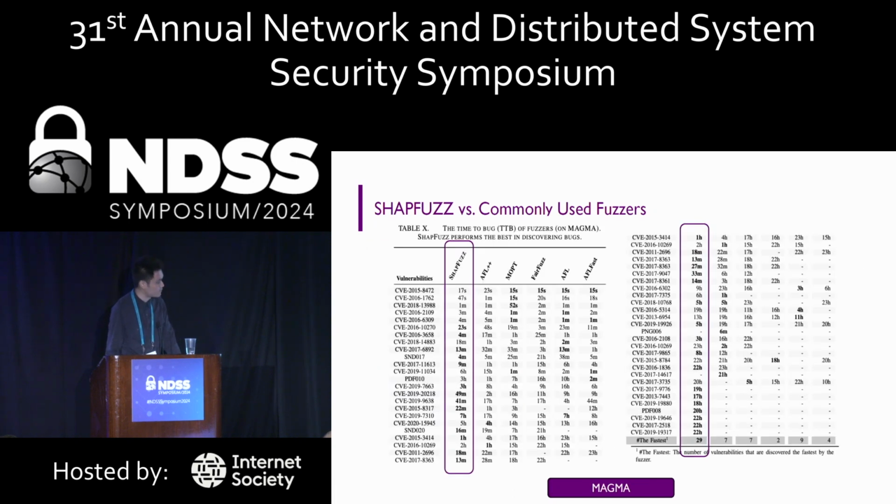Then on the MAGMA dataset, we analyze the first time that each bug is triggered, and ShapFuzz has used the least time to trigger a bug on 29 CVEs, which is the best performance among all fuzzers. Overall, ShapFuzz performs best, triggering a total of 46 bugs.